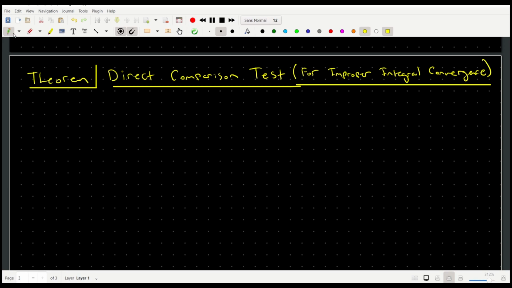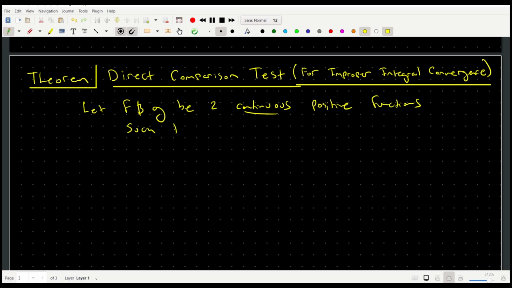So this is the direct comparison test for improper integral convergence. We're going to assume that f and g are 2 continuous positive functions such that f of x is always bounded below by g of x.